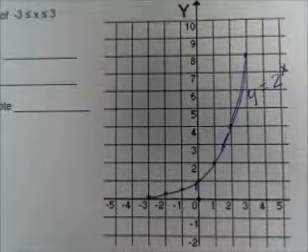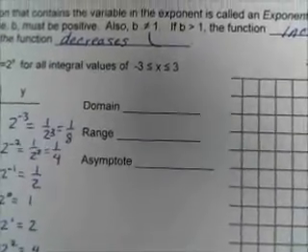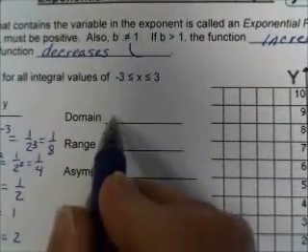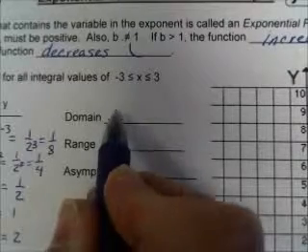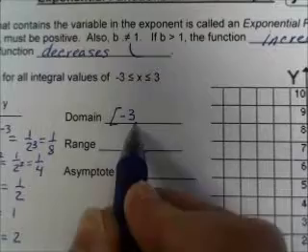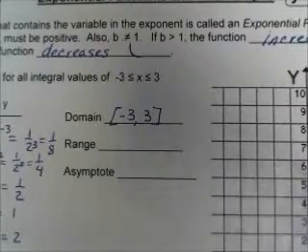The domain, well, the domain was given to us. Right? The domain is going from, I'm going to use interval notation, -3 to 3. All right.